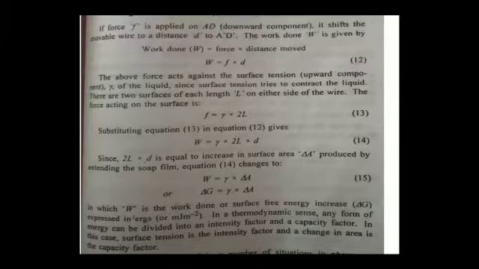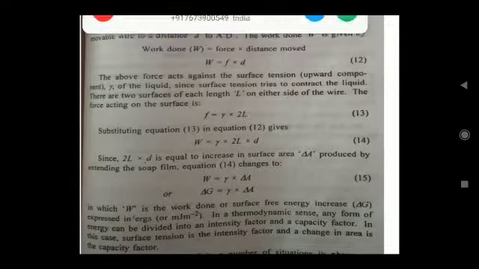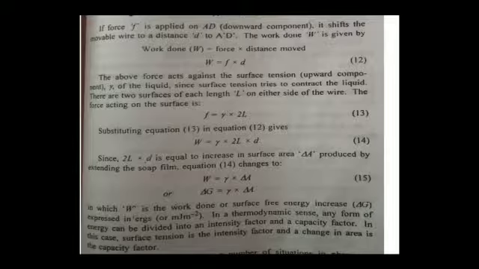The force acting on the surface is F equal to surface tension times 2L. Substituting the value in the above work done equation, we obtain W is equal to surface tension times 2L times D. Here 2L times D is equal to the increase in surface area, that is delta A, produced by extending the soap film.